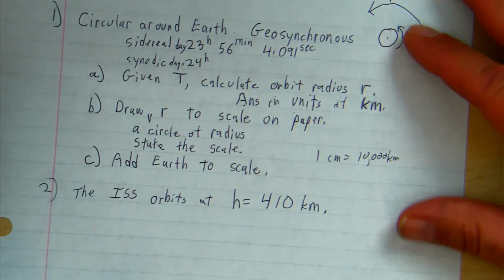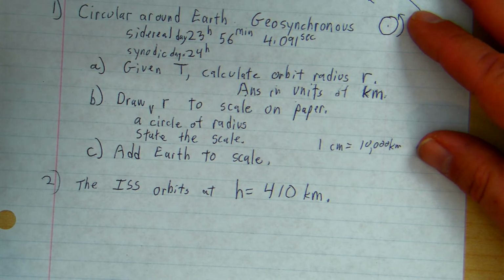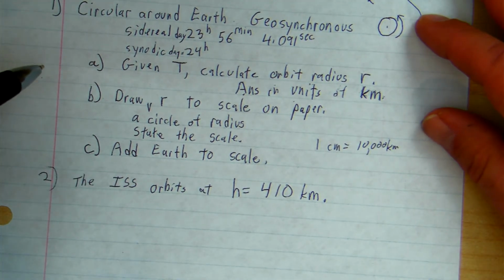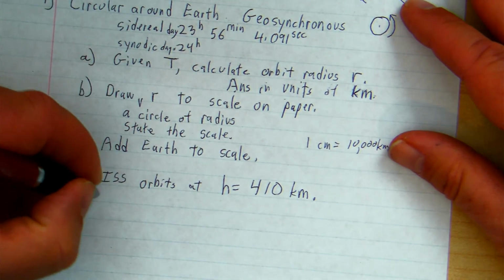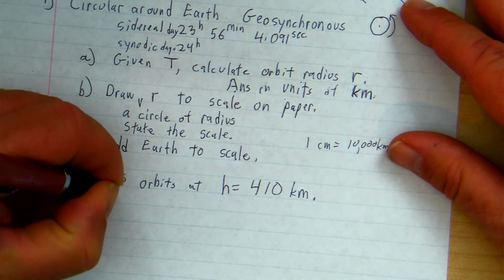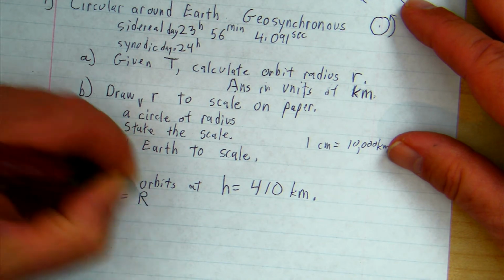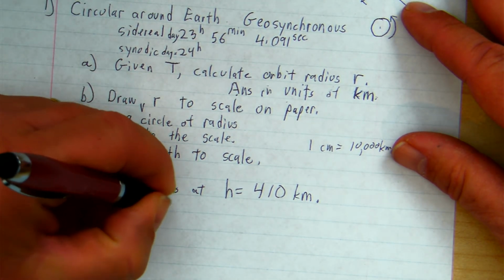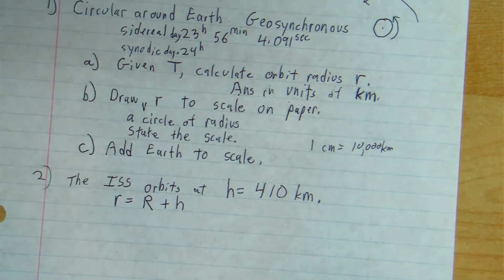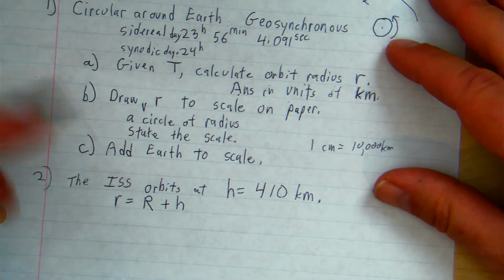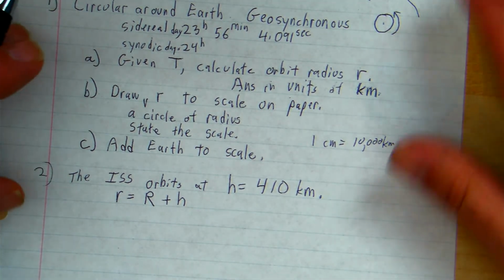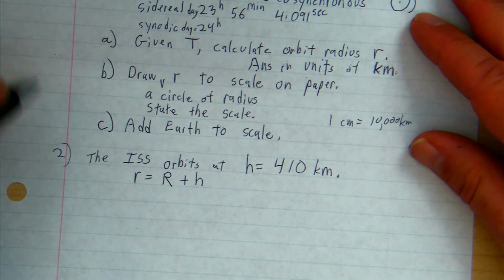I remind you that means it's above the surface of the Earth, International Space Station. It orbits above the surface of the Earth. So, of course, you remember that orbit radius is the sum of the radius of the central body, such as the Earth, plus the altitude above that central body. And be careful that you work with all these in the same units. So everything in kilometers or everything in meters, just don't goof on that.